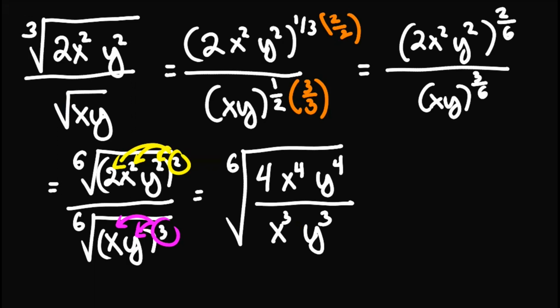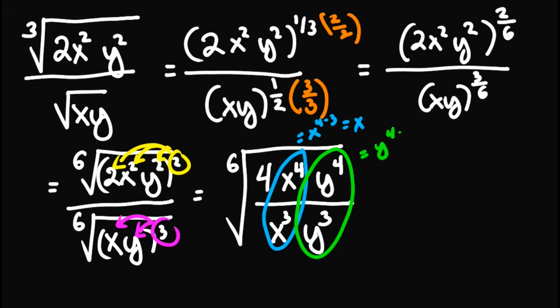And from here, we again apply laws of exponents for these variables with the same base out here. So focusing on this one, x raised to 4 over x cubed is equal to x raised to 4 minus 3, or x, then y raised to 4 over y cubed will be y raised to 4 minus 3, or y.